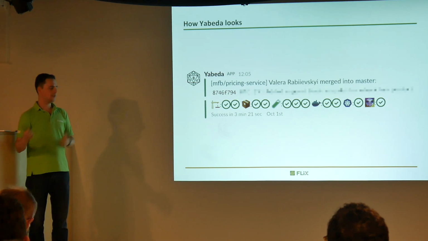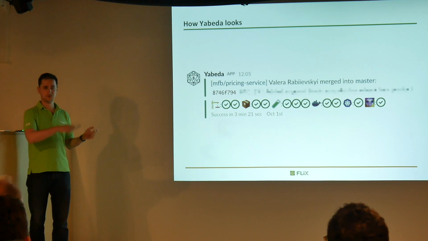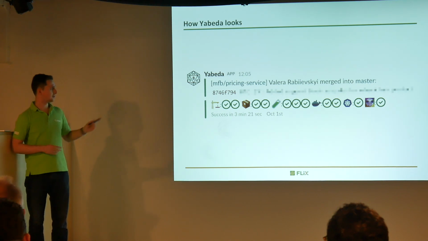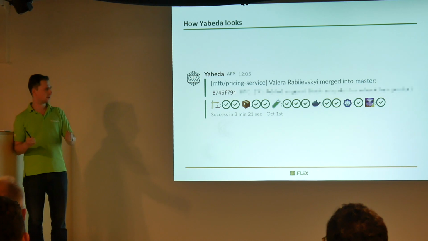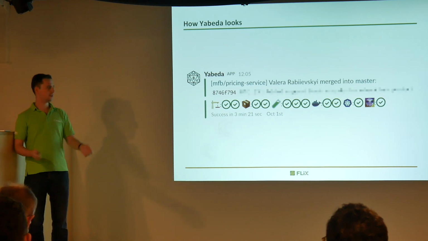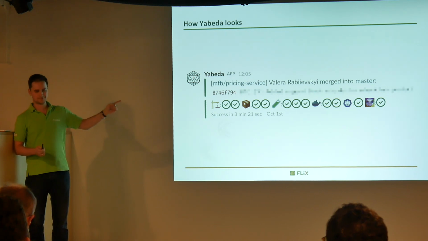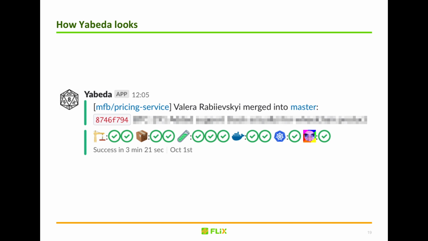You don't see names of jobs until they fail, then it will show you the name. But you can see emojis assigned to every stage. So you can still see that something is being built, then the package is installed, then something is tested, then something Docker, something Kubernetes, and that thing, which is a custom emoji named QA, is watching you.